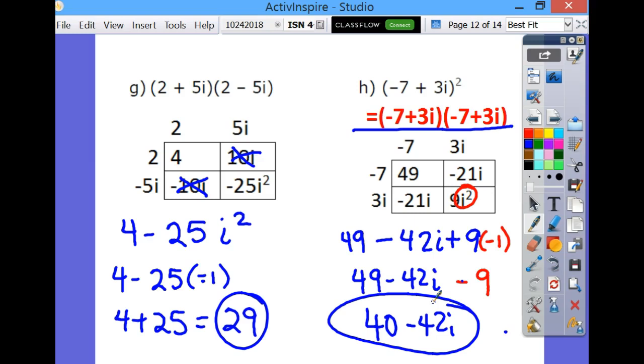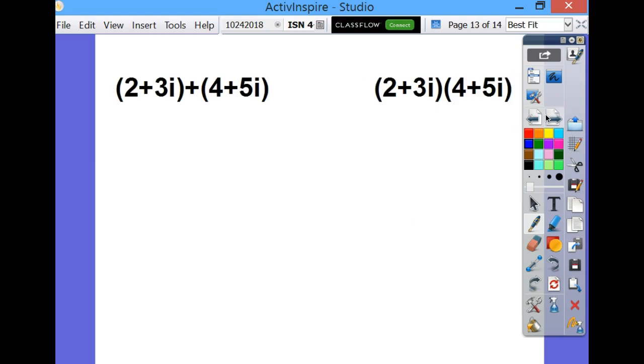Now there's two more examples I want you to write on your paper, because these two examples get mixed up a lot. So would you write these down on your paper? I want to talk about the difference between these two problems, because people get these two problems mixed up. So what's the difference? This has an adding sign in the middle between the binomials.